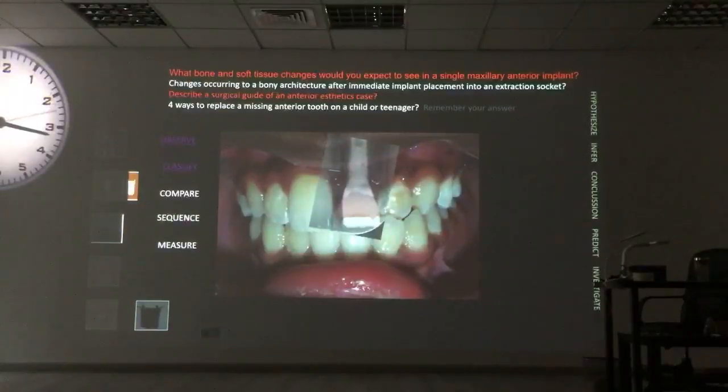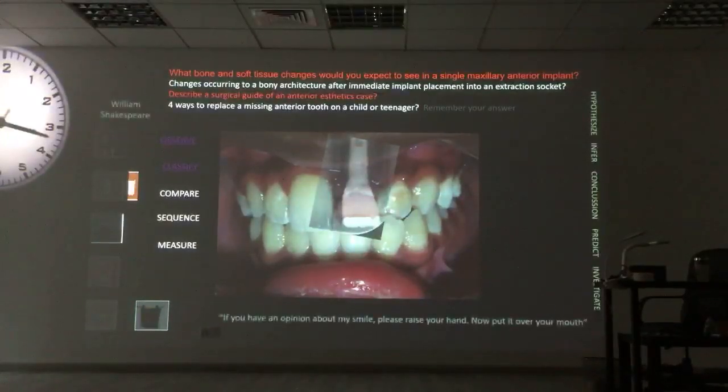For a 14 year old. Yes, so that's the fourth option.